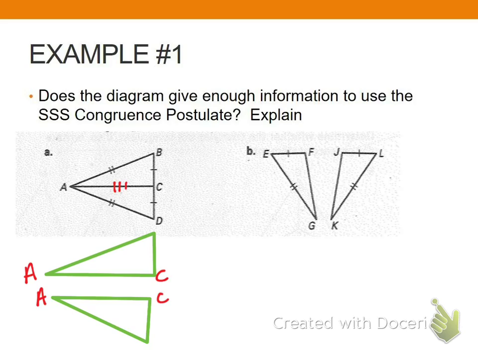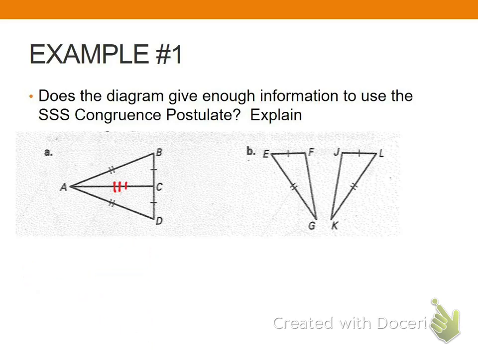So knowing that, do we have enough to use side, side, side? Yes, because the reflexive property gave us that last pair of congruent sides. So, yes. All pairs of corresponding sides are congruent.